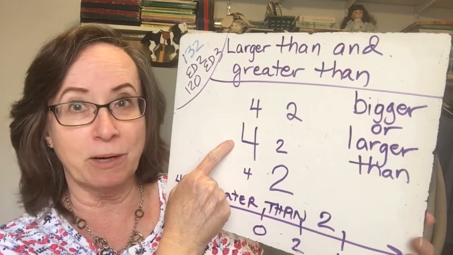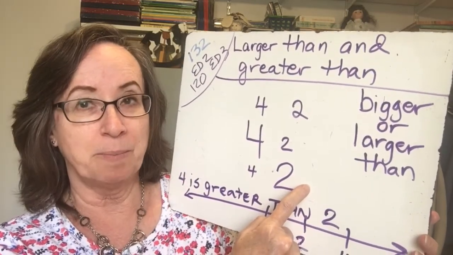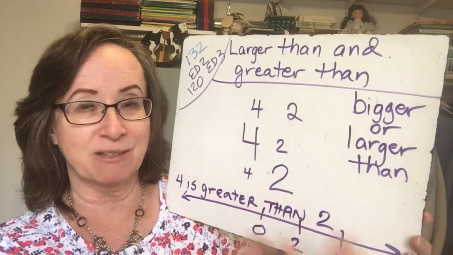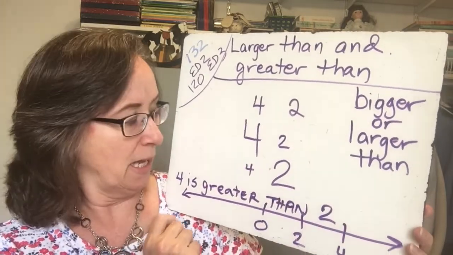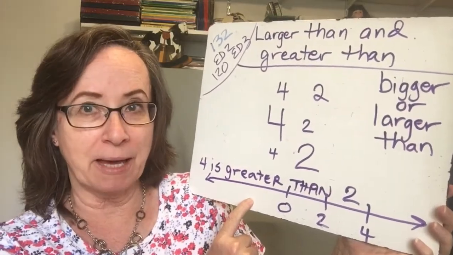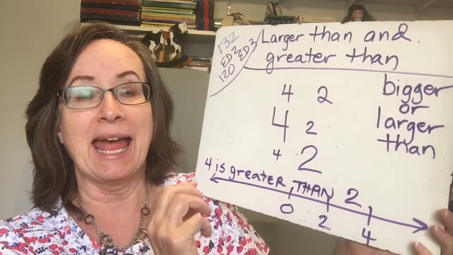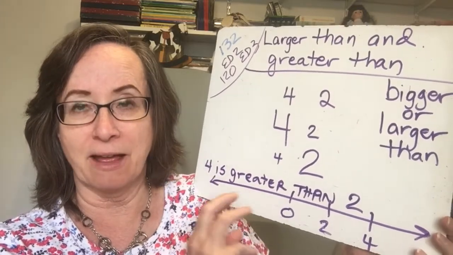So here the 4 is larger, here the 2 is larger, because I'm talking about a physical size of the numeral. But greater than is a word mathematically used for a number that has a larger value than another number.